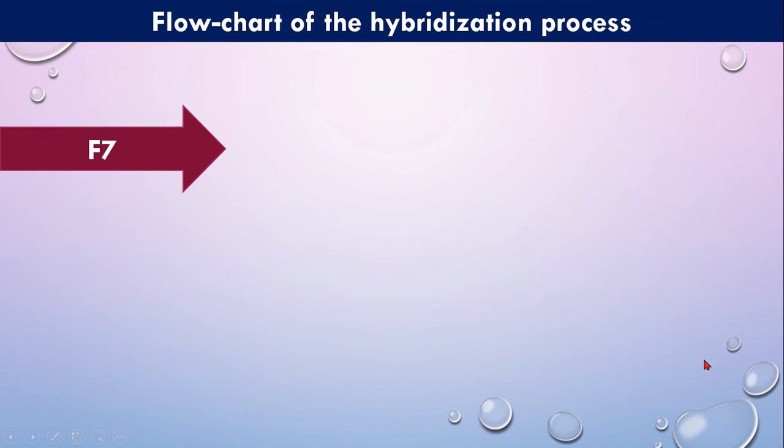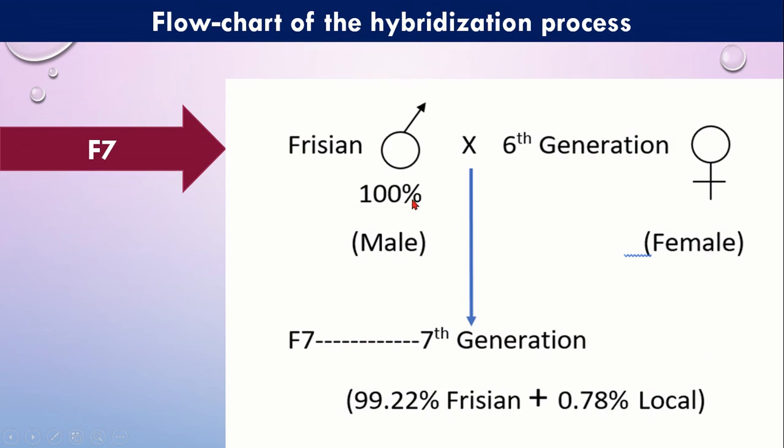Next is 7 steps. Again inject the improved variety semen to the 6th generation, if this is female, and the 7th generation comes out, and here the local breed characteristics will be 0.78%, because the previous one was 1.57%, and the rest of them are 99.22% Friesian.